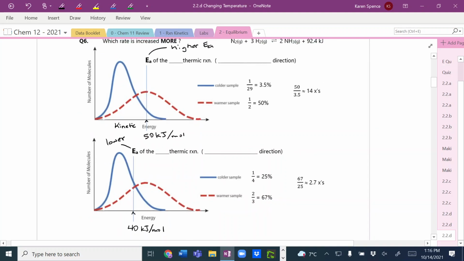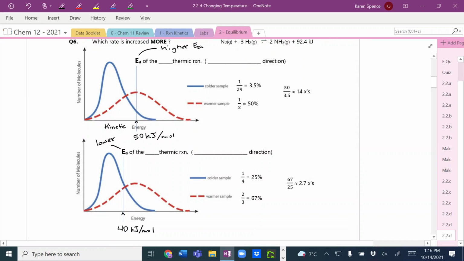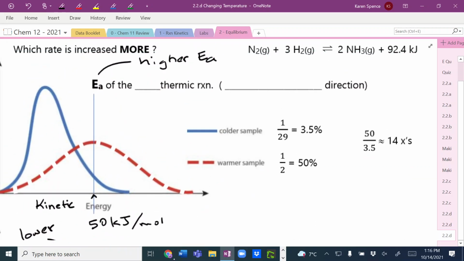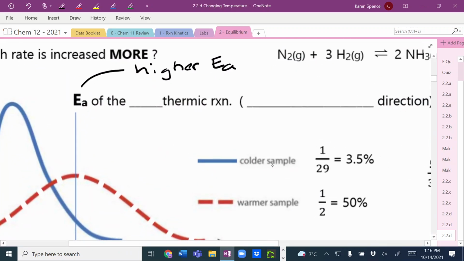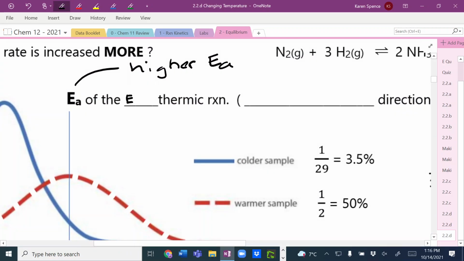So which of these two represents the endothermic and which represents the exothermic? First one is endo because endo always has the higher activation energy. Yes, okay. So the first one is endothermic because it has the higher activation energy.